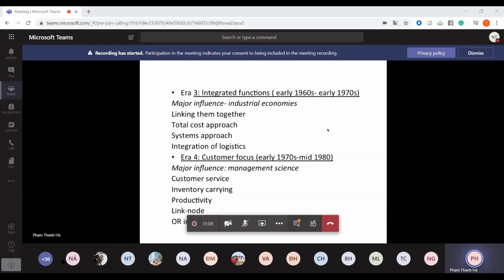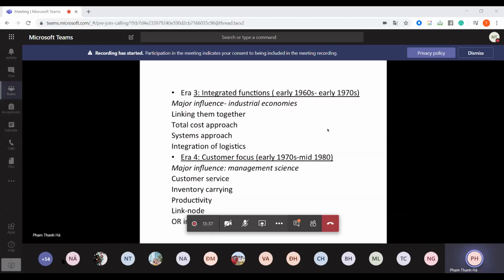The third era is from early 1960 to early 1970. We call this the integrated functions era. Now we need to integrate, or cooperate, all the functions into one picture. The major influence was industrial economies, the new era, so everybody needs to think about industrial economies.